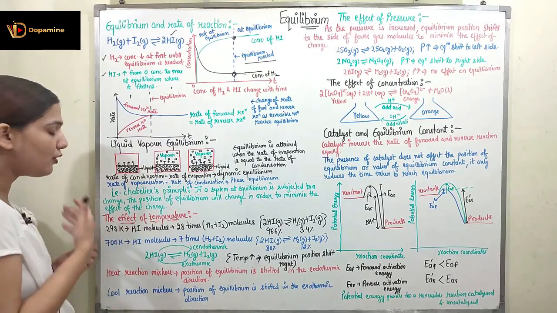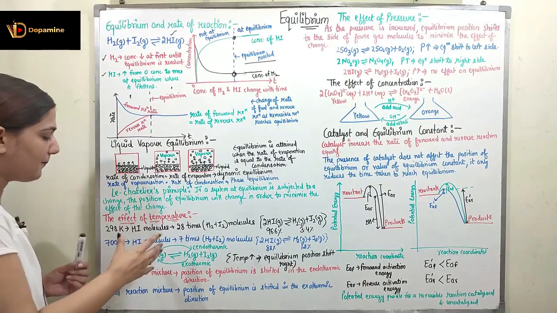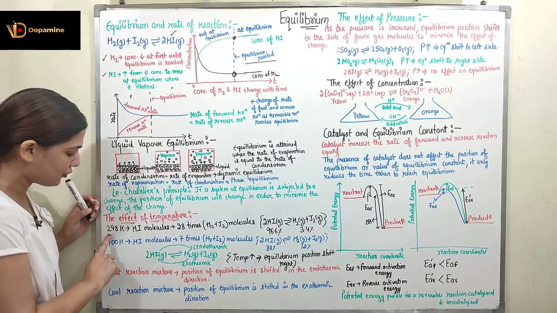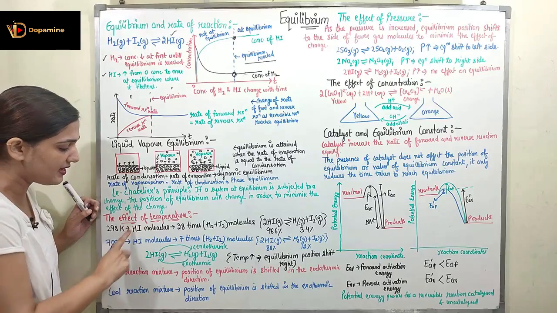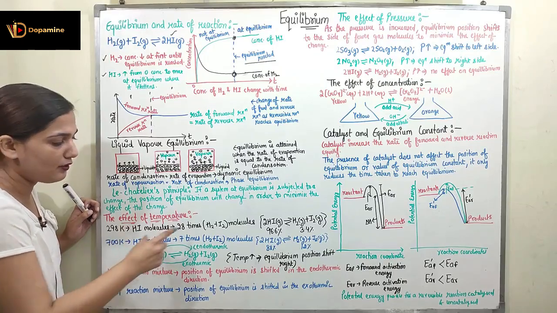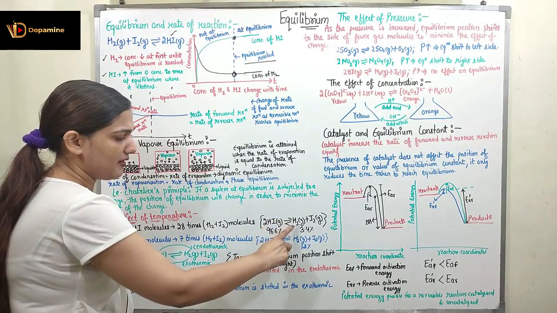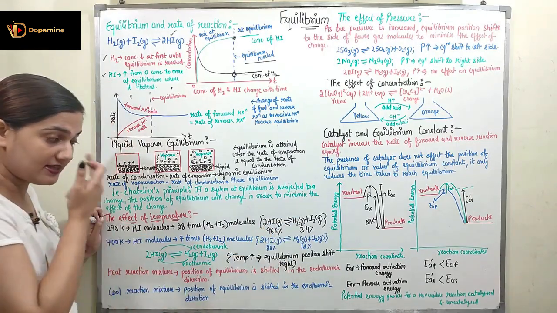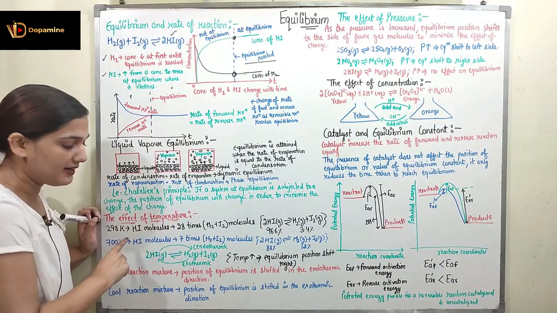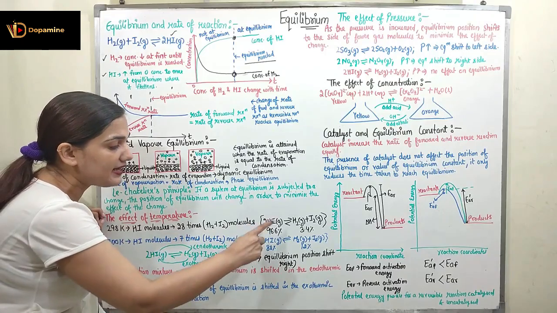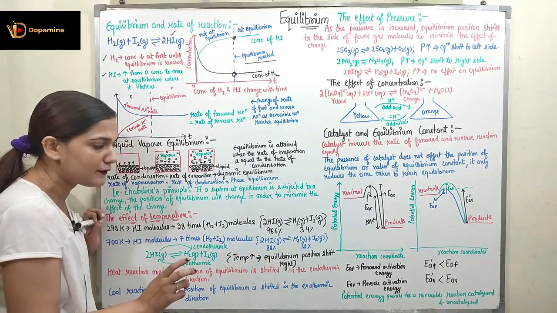So now let's understand the effect of temperature. We are going to understand this with the help of an example. At 298 Kelvin, in this reaction 2HI is in equilibrium with H2 plus I2. At 298 Kelvin, the HI molecules are 28 times the H2 plus I2 molecules, right?